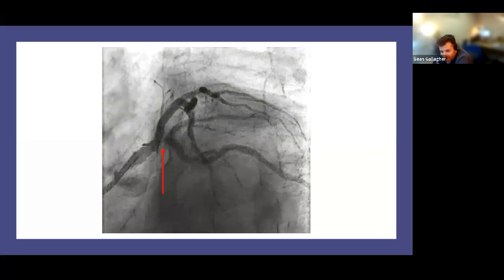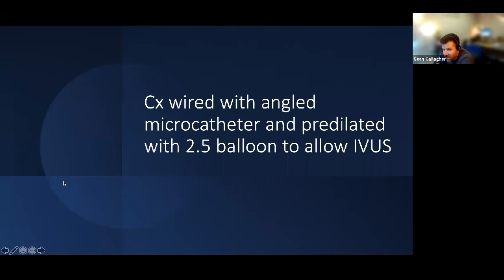So I popped a wire down the LAD, no problem at all, and couldn't wire the circumflex with just a standard cyan blue coil tip wire. I thought the easiest thing to do in my hands would just be exchange out for a microcatheter. And with this anatomy, I took an angled microcatheter and directed it into the circumflex and then popped the cyan blue down. But as you say, it was probably telling us something at that point.